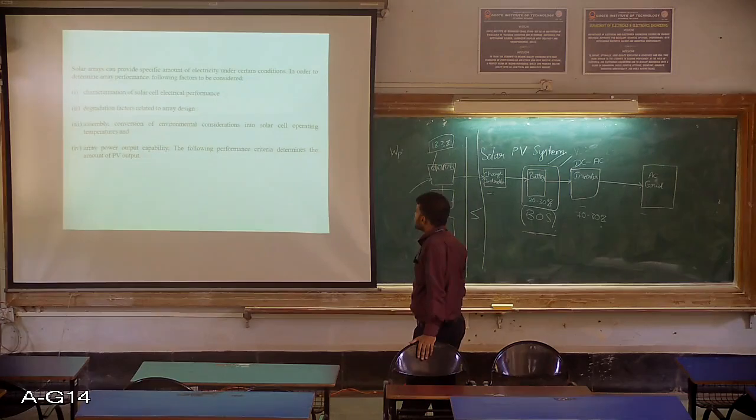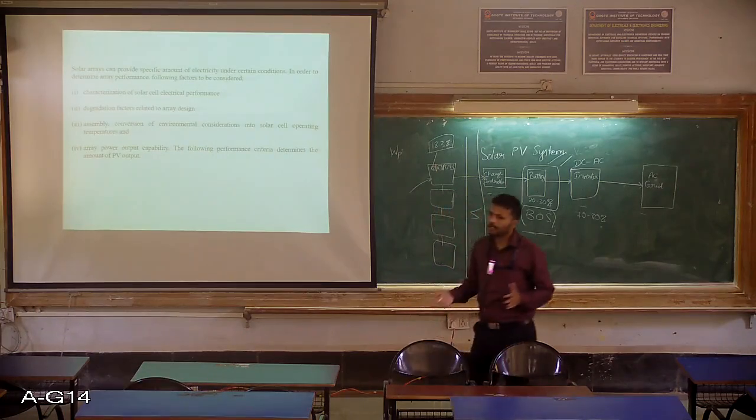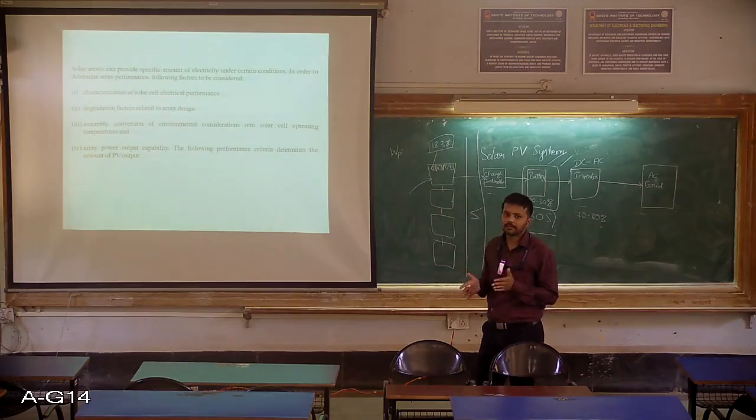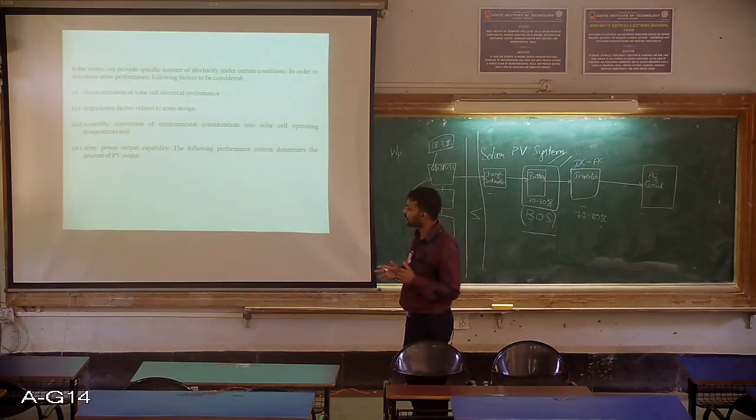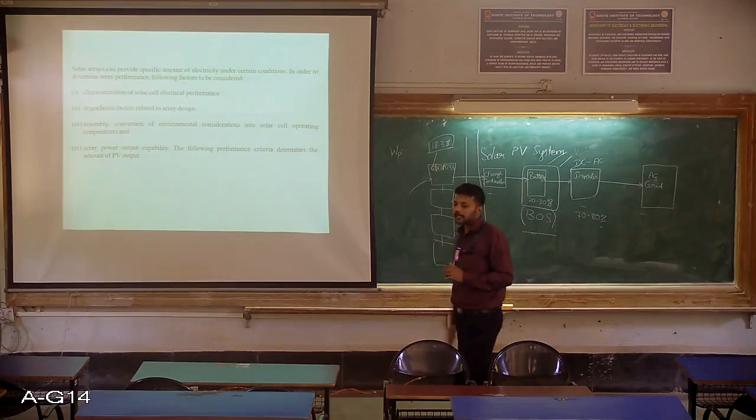related to solar design. Then the third point is the conversion of environmental conditions into solar cell operating temperatures. Even the environmental conditions we should consider in order to check the performance of the solar arrays.